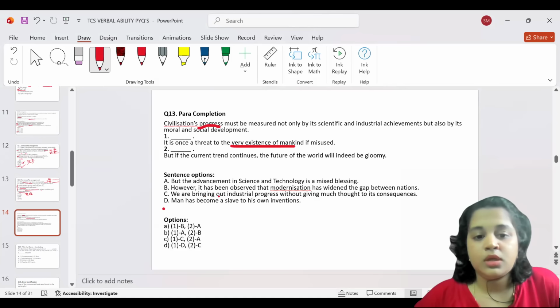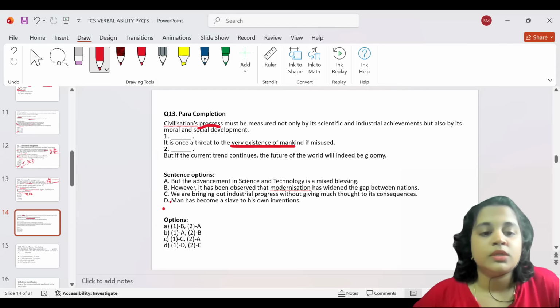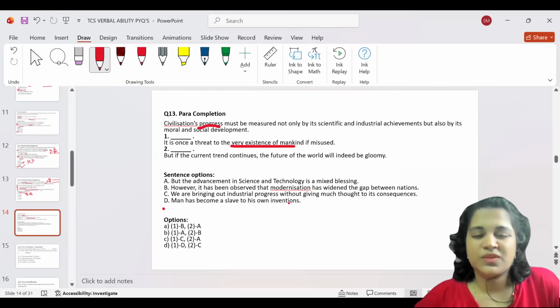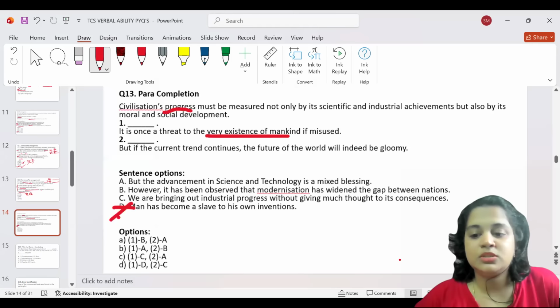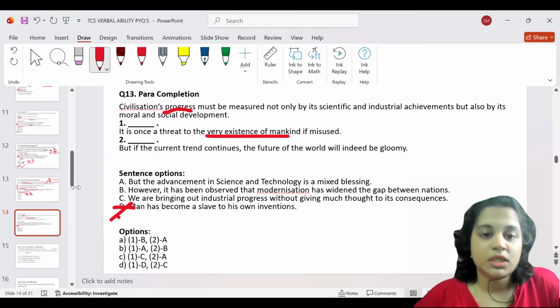We are bringing out industrial progress without giving much thought to its consequences. Man has become a slave to his own inventions. From these four options, this seems like a conclusion. Man has become a slave to his own inventions feels like a conclusion. So let me score it off, so that it becomes easier for you guys to identify which one would be the most correct answer.